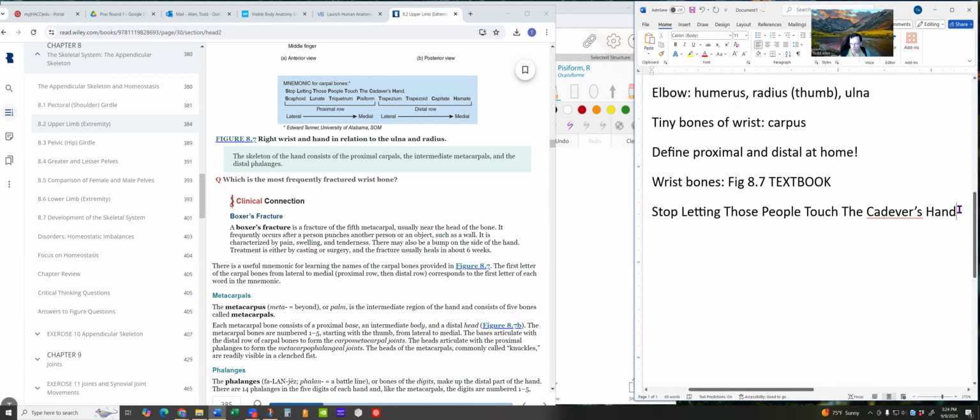Underneath that we have scaphoid bone. Then we have the lunate bone. Trying to organize this a little bit so you can read it on the screen. Then we have triquetrum. Then we have pisiform. I'll go back to Visible Body in just a moment.